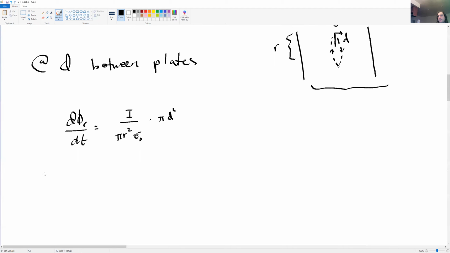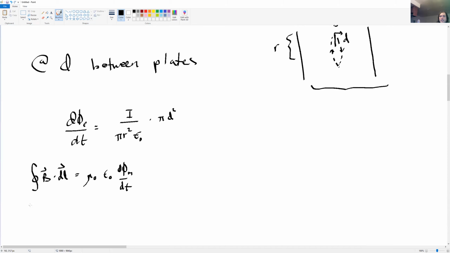And then what we ultimately need is the integral of B dot dl equals mu 0 times epsilon naught d phi e dt. So now we're ready to get it.